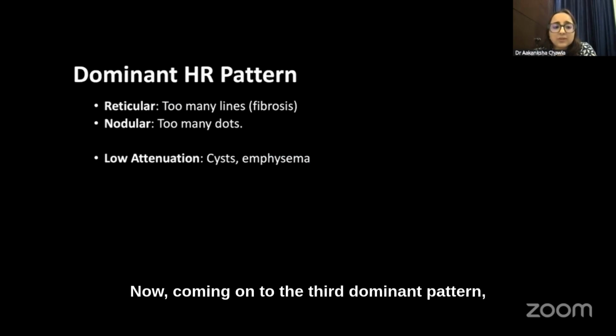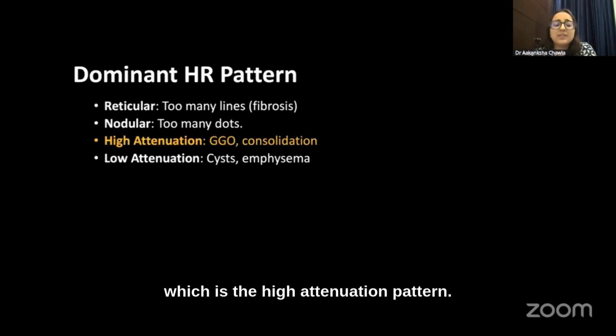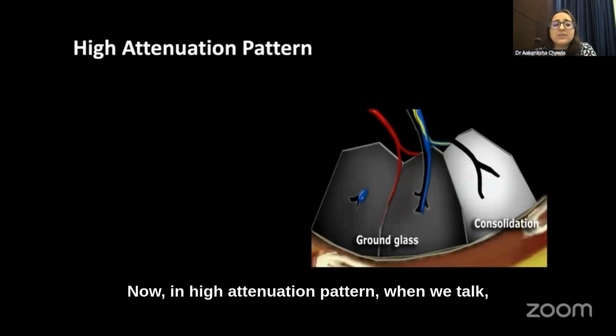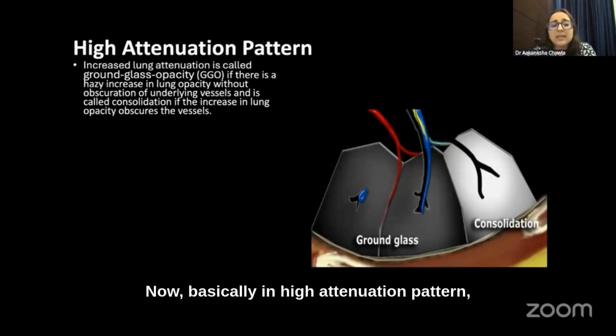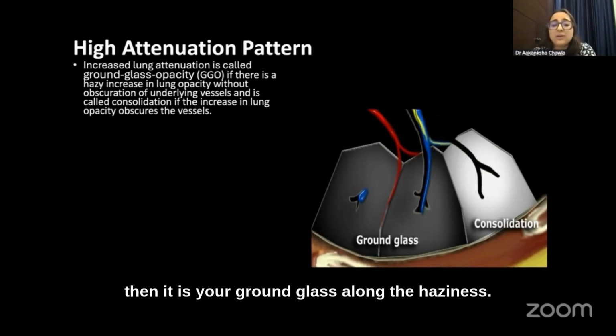Now, coming on to the third dominant pattern, which is the high attenuation pattern. In high attenuation pattern, first we talk about ground glassing and consolidation. Basically, in high attenuation pattern, everything appears white. If your vessels are not obscured, then it is ground glass haziness.